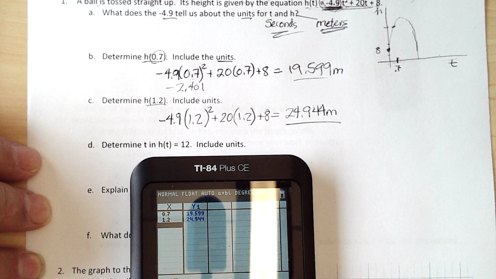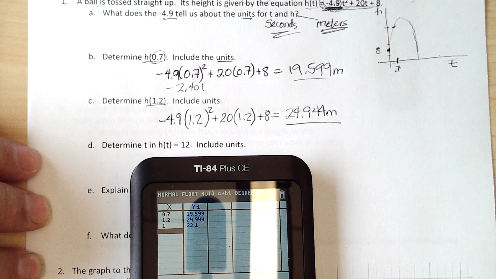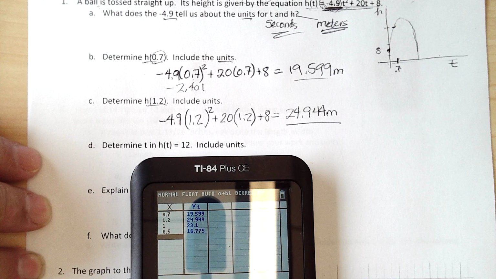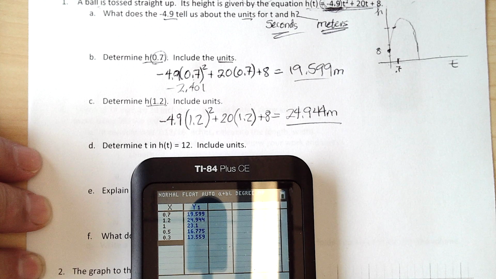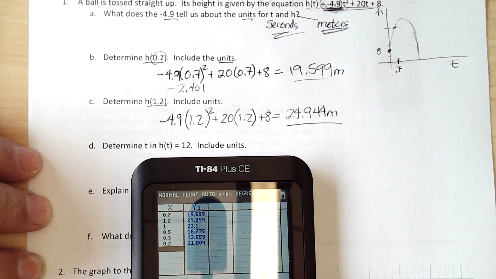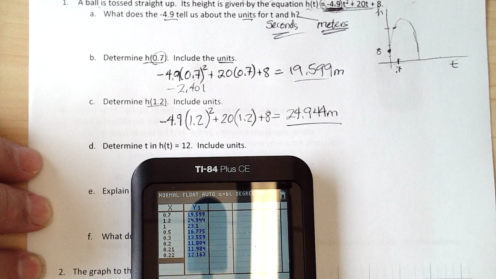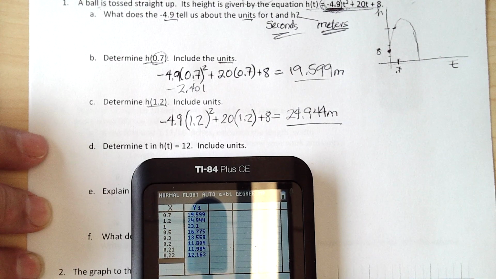Let's like 1, it's too high. 0.5, still too high. 0.3, still too high. 0.2, little low. 0.21, 0.22, a little bit too much. So it's in between 0.21 and 0.22.